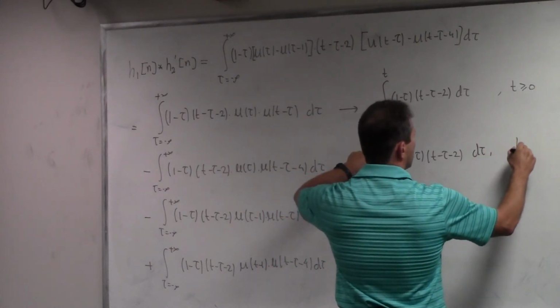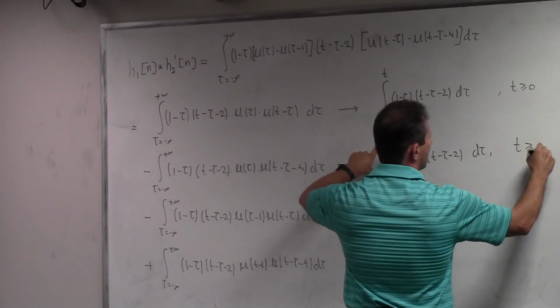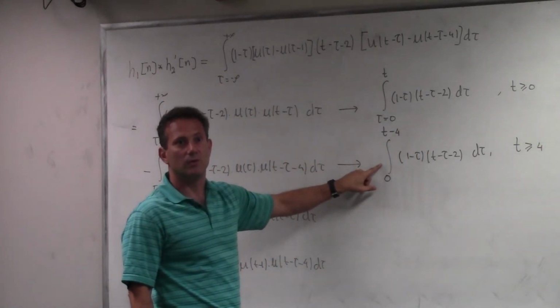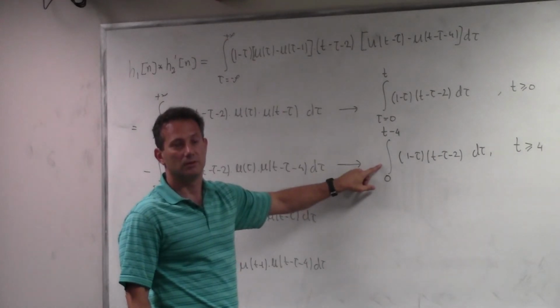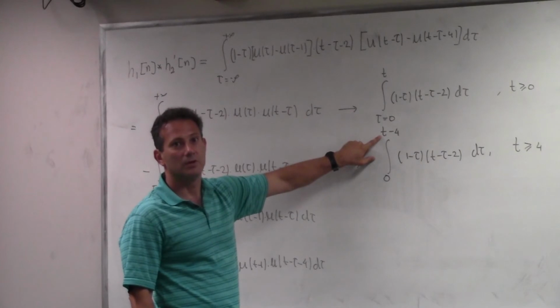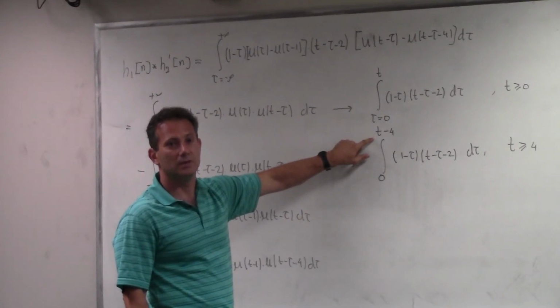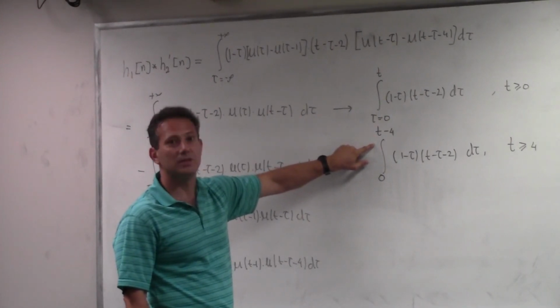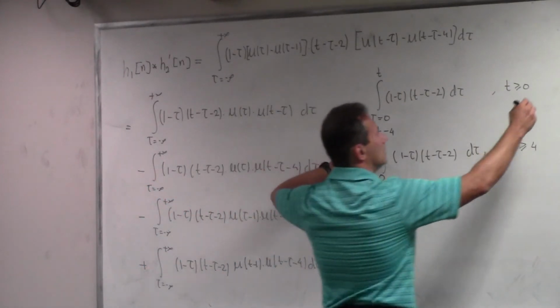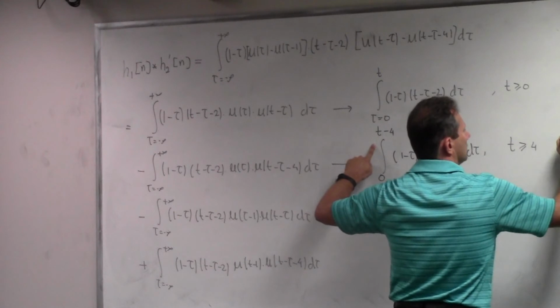But this is only working when t is greater than 4. This integral before t equals 4 is 0, since the boundary is 0 to t minus 4. So this one is applicable only for t greater than 4. Let's call this integral I1, and this I2.